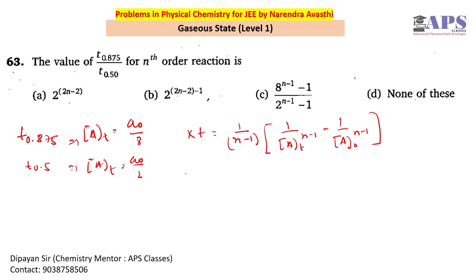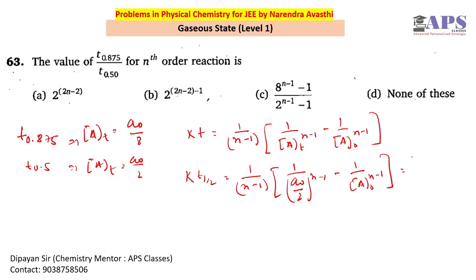So for T half, K into T half equals (2 to the power n minus 1 minus 1) divided by A0 to the power n minus 1, whole multiplied by 1 by n minus 1.